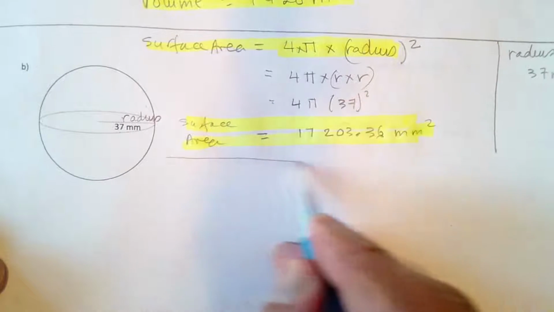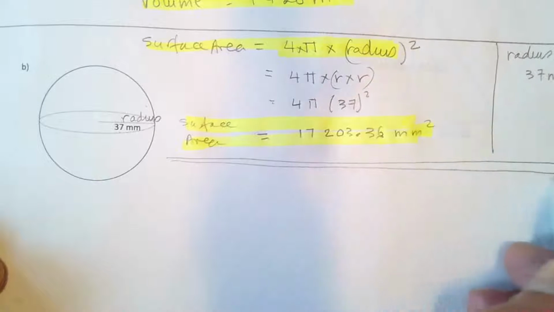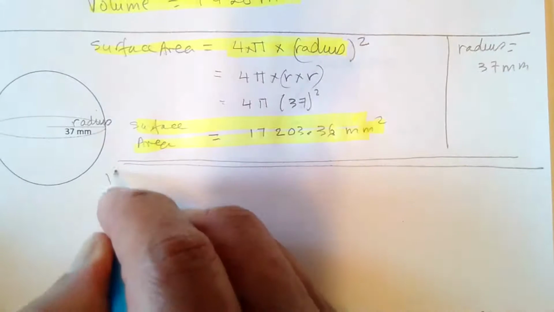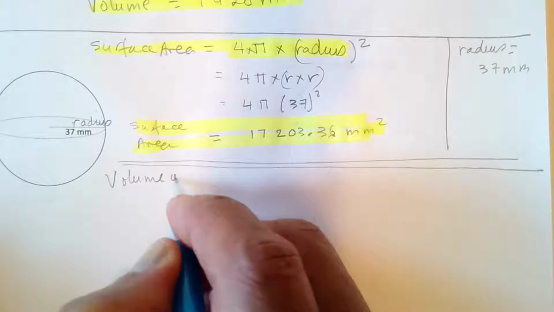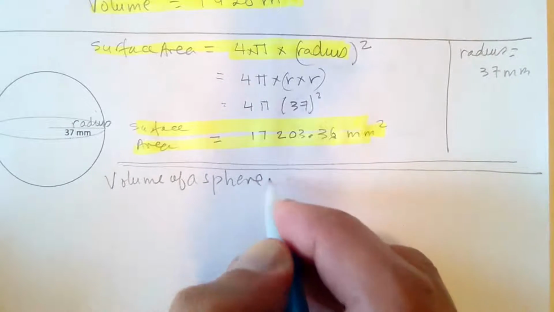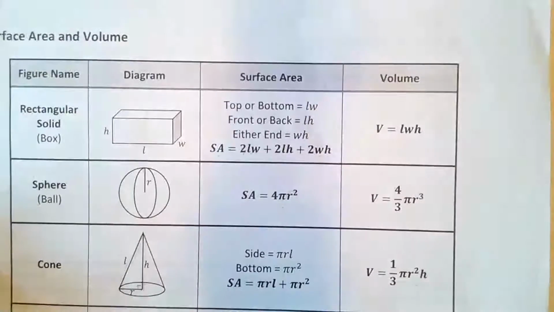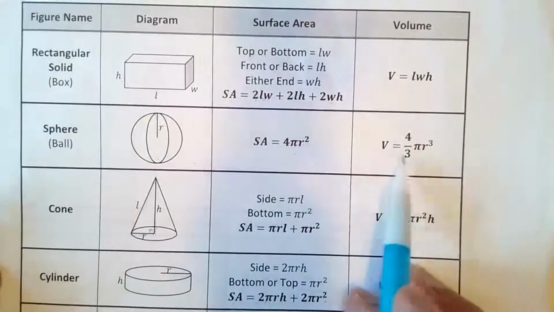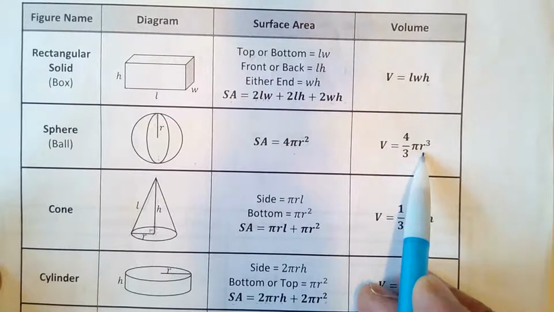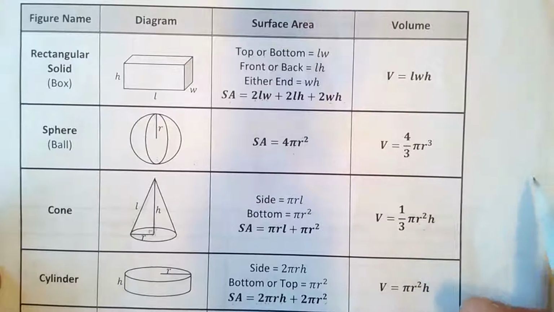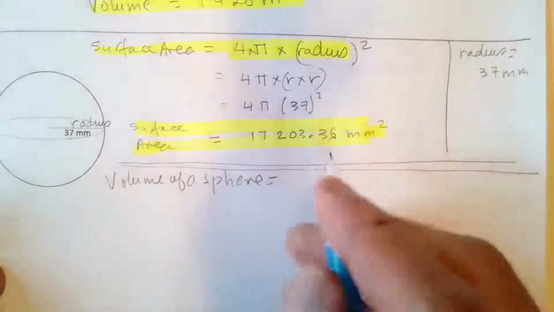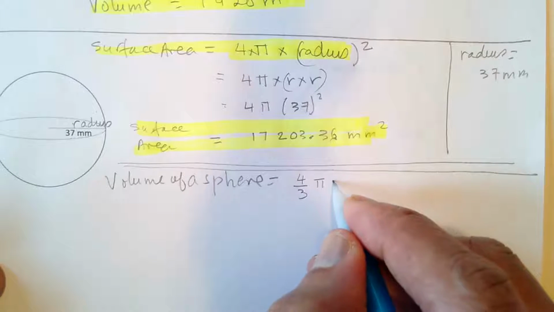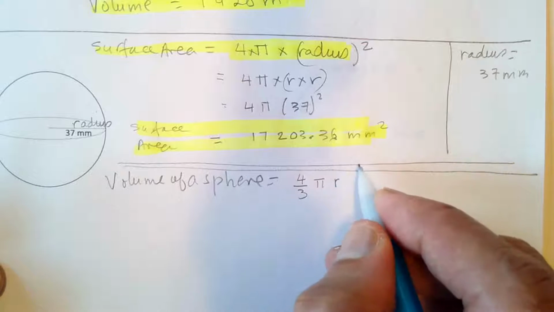Next, we go and find our volume. So volume of a sphere, and we go to our formula. It says it's 4/3 times pi times radius to the power 3. So if we record that, 4/3 times pi times radius to the power 3.